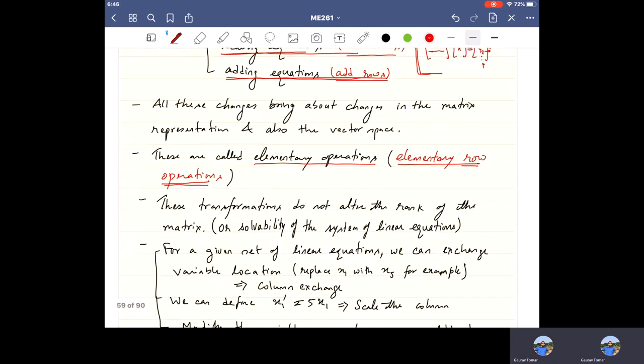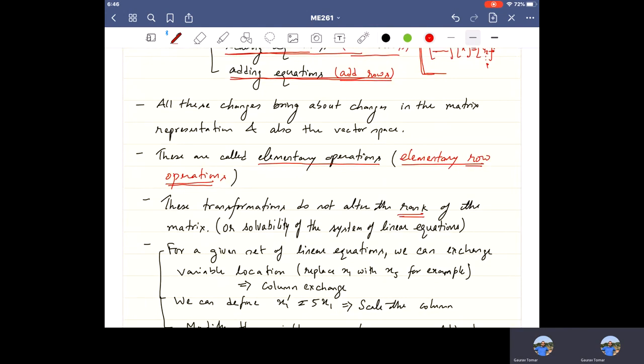Or in other words, they do not change the rank also. Or you can think of it as the solvability of the system of equations is not altered by doing these operations. If Ax equal to y was solvable, then A prime obtained by doing these operations, A prime x equal to y prime, is also solvable.